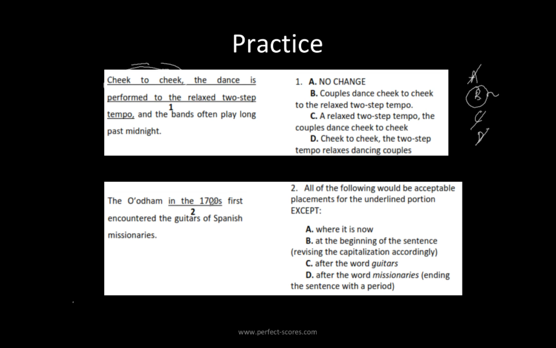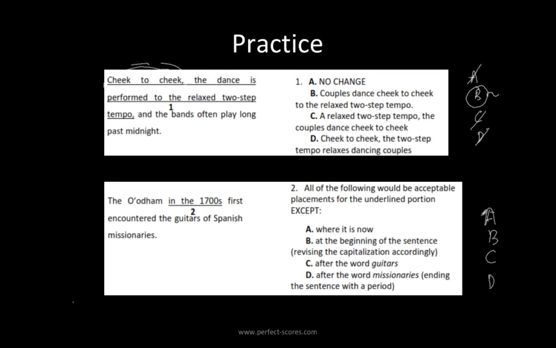Then the next one. "The Udam in the 1700s first encountered the guitars of Spanish missionaries." Now this is a different question. All of the following would be acceptable placements for the underlined portion except. So that means three of them are going to be acceptable. We have to find the one that is not.